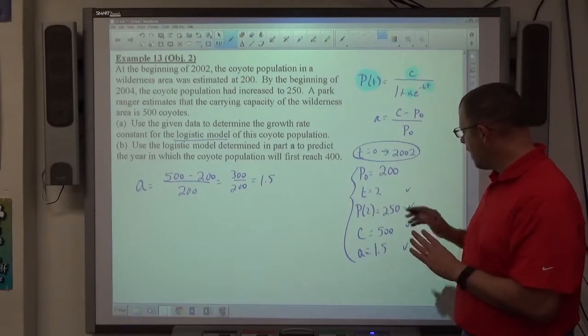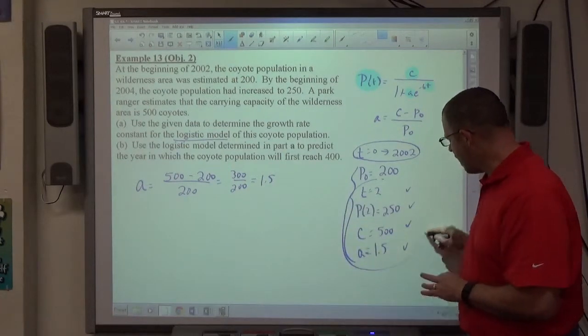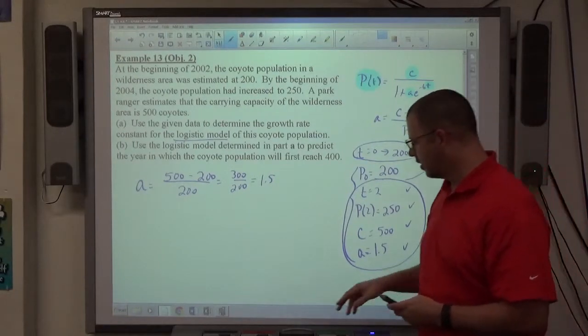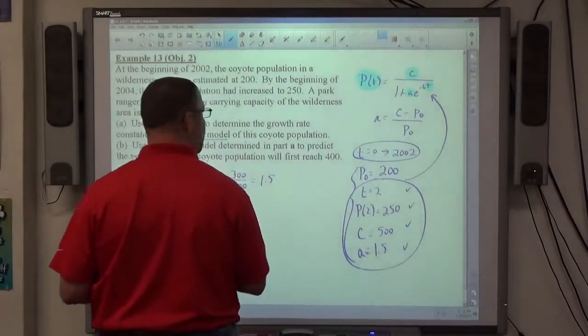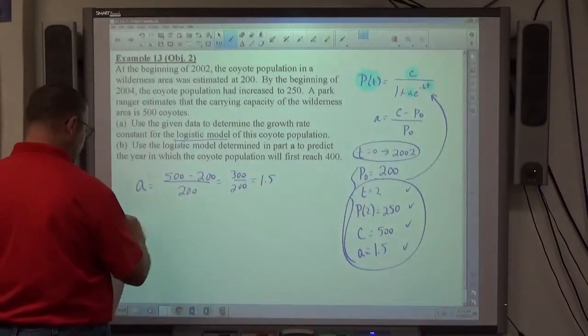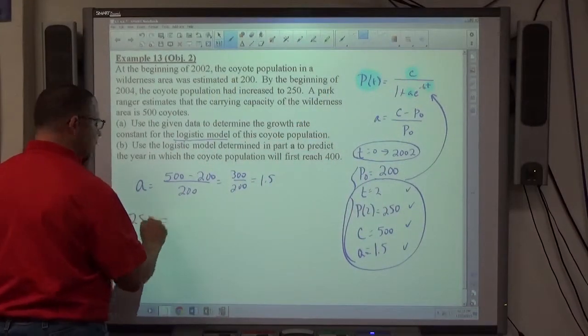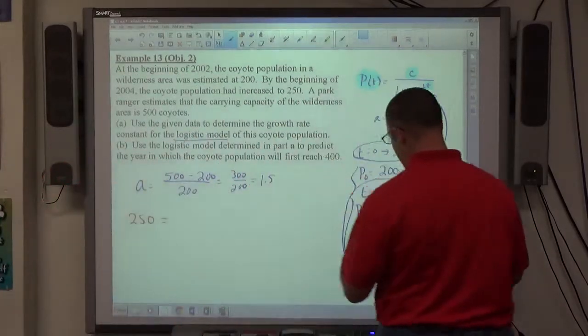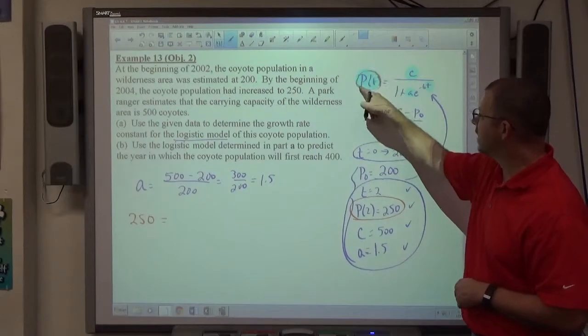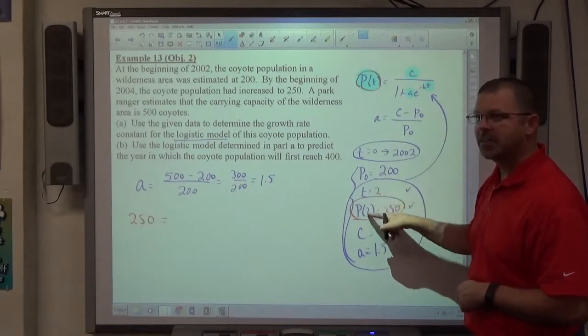We can use that. So I'm going to substitute these 4 values into the logistic growth model in order to determine the growth rate constant now. So if I take all that information there, P of T would be 250. P of T is always based on some number of years, so the fact that this says P of 2, P of anything, as long as this matches that, is legal to put in there.